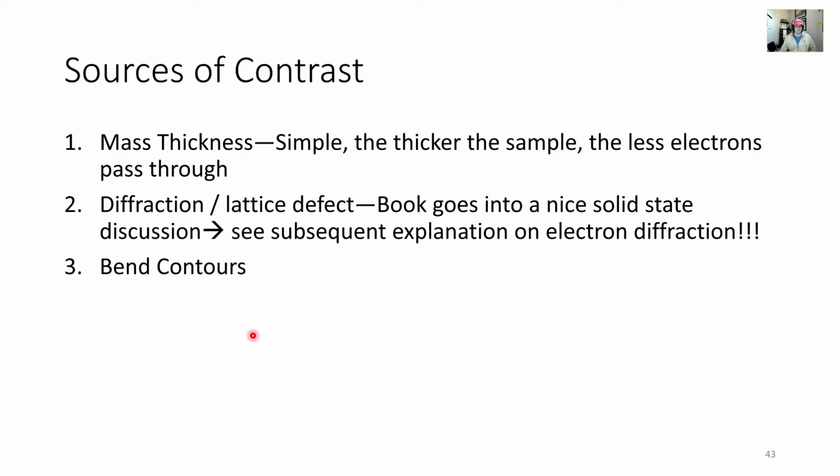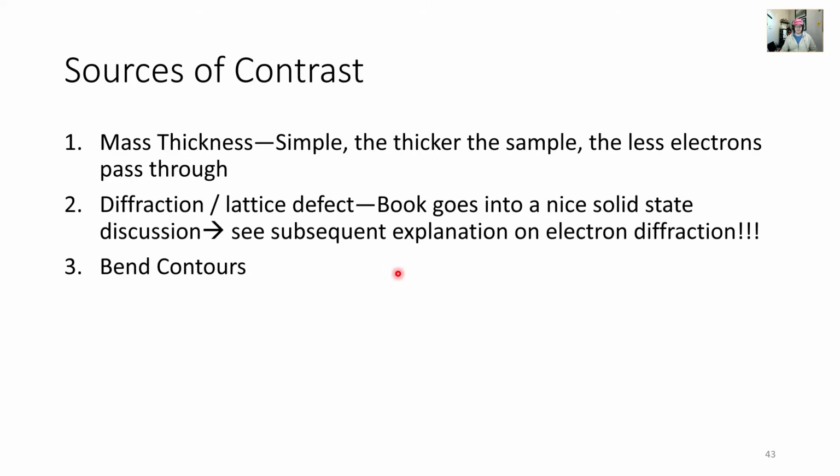Diffraction and lattice defects. If you read the book, it goes into a pretty decent solid state discussion. I'm going to insert an older lecture on electron diffraction, and you get another variant of Bragg's law when you do that. There are three flavors of Bragg's law that we talk about in this class.